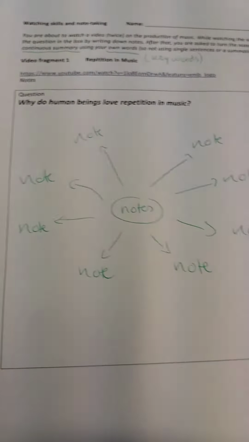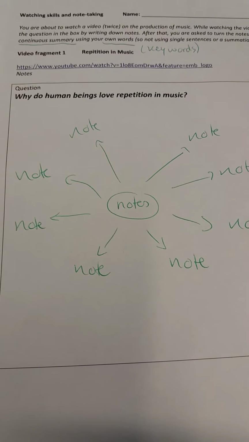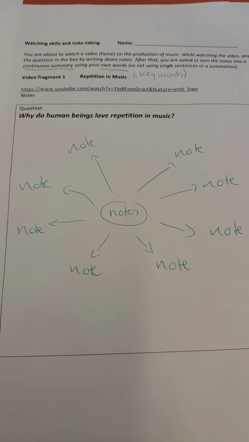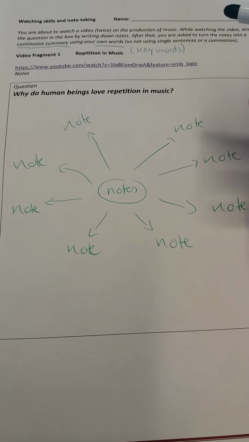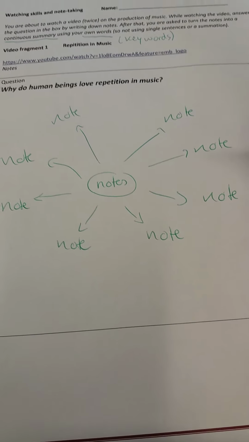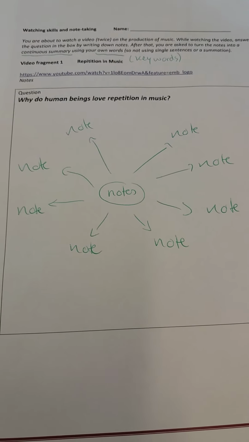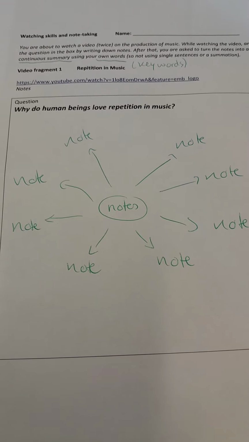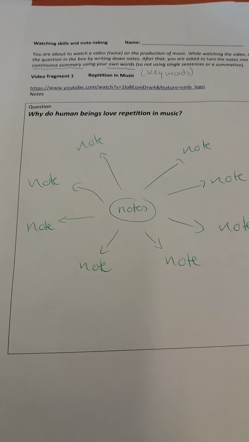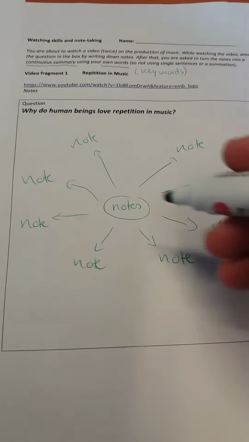You're going to take notes during the video, and after that, of course, you have to determine which of the notes are important and which are not to put into your summary, because ultimately a summary is not about using too many details. It's really about the core elements of the video. So after watching the video twice, you're going to have a look at your notes.